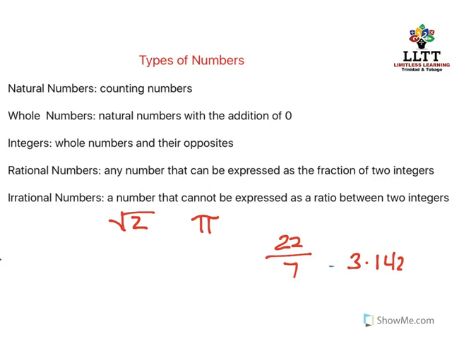Because there is no actual number that defines pi, they tell you, okay, use 22 over 7 as an approximation of pi, or use 3.14 or 3.142 as an approximation of pi. But pi and the square root of 2 are two examples of irrational numbers, as in you cannot find two numbers that you can put as a fraction that is going to give you pi or the square root of 2.